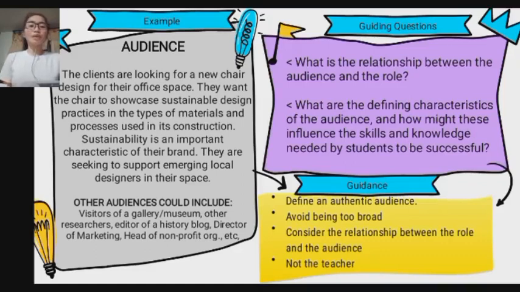So obviously the audience here are the clients who are looking for a new chair design. Other audiences could also include visitors of a gallery or museum, other researchers, editor of a history blog, director of marketing, head of nonprofit organizations, and among others.